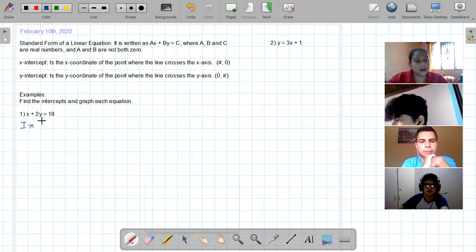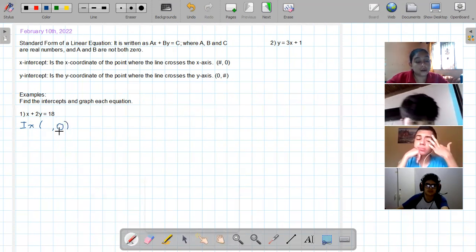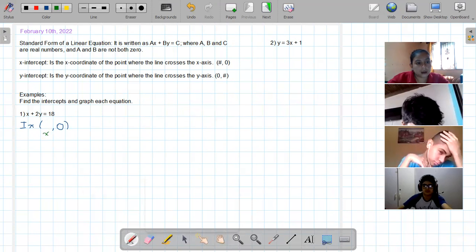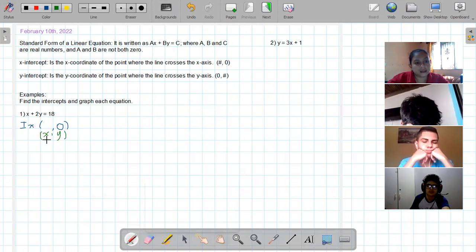So intercept in x. You are going to open a parenthesis, leave an empty space, comma, and add a 0. And what are you going to do? You're going to substitute this 0 in the y. Remember, the ordered pairs are x, comma, y. We are trying to find the value of x.